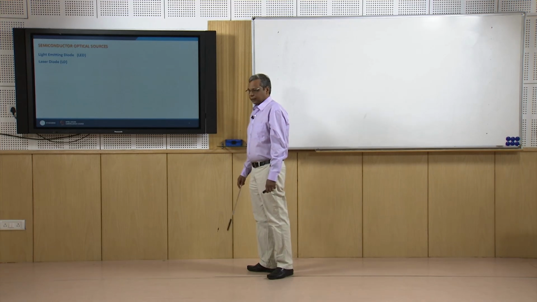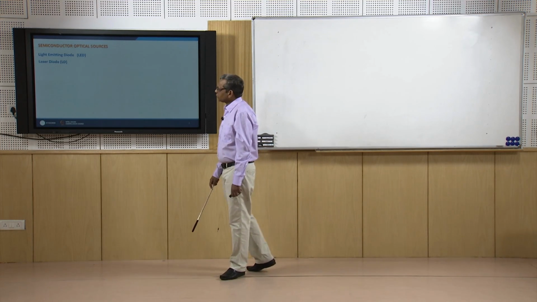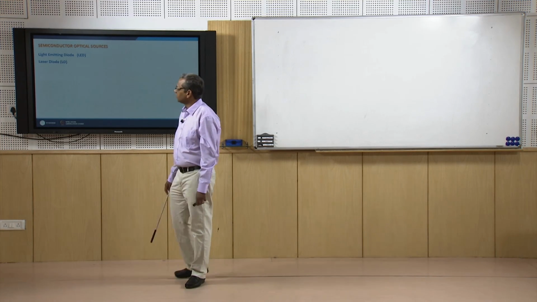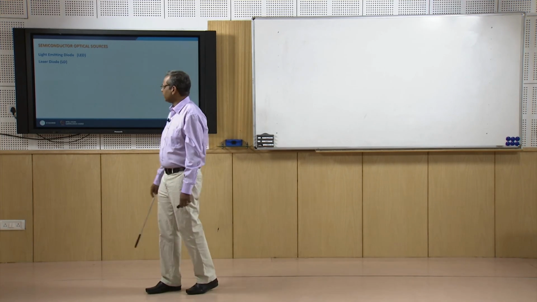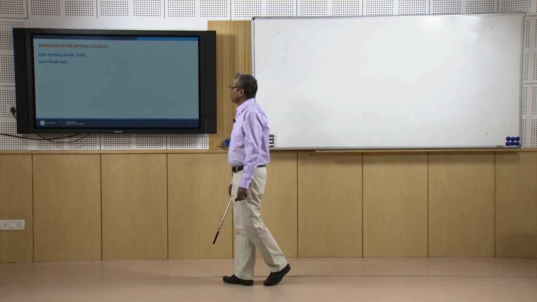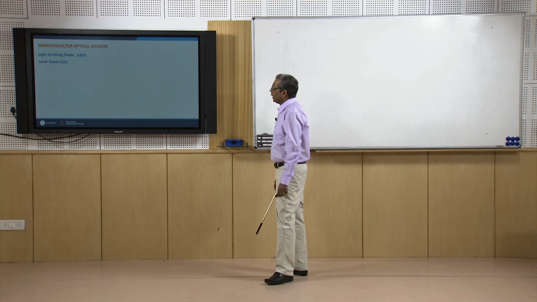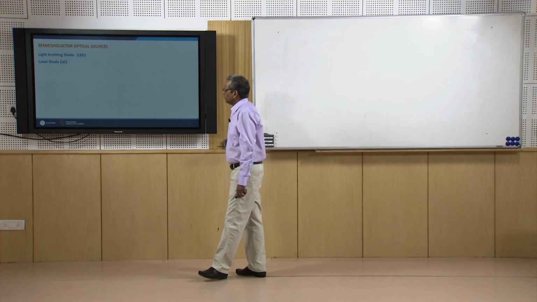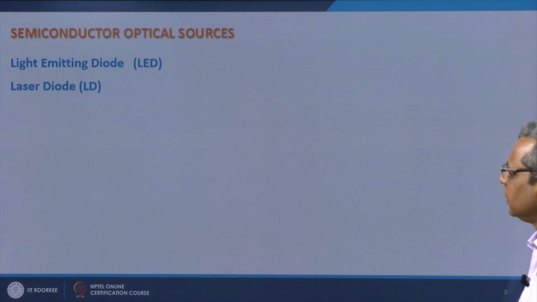How do we make these sources? These sources are primarily based on semiconductor optical materials. Semiconductor materials, and two primary sources are the light emitting diode LED and the laser diode LD.